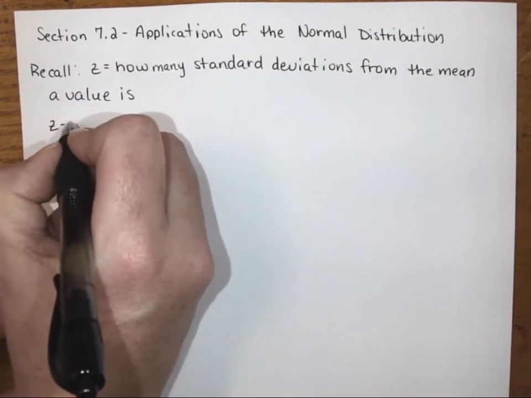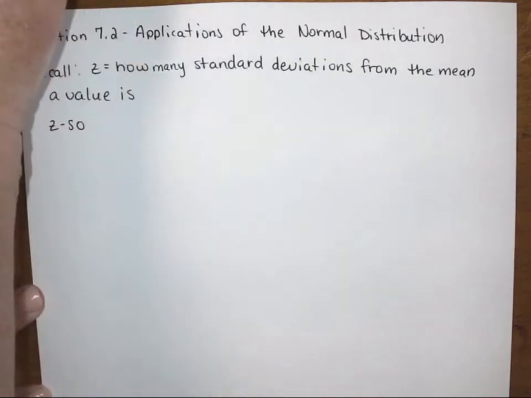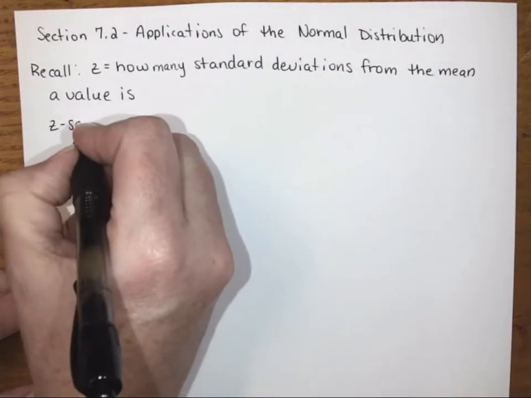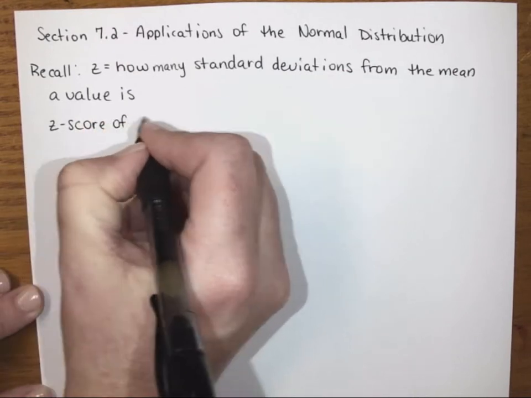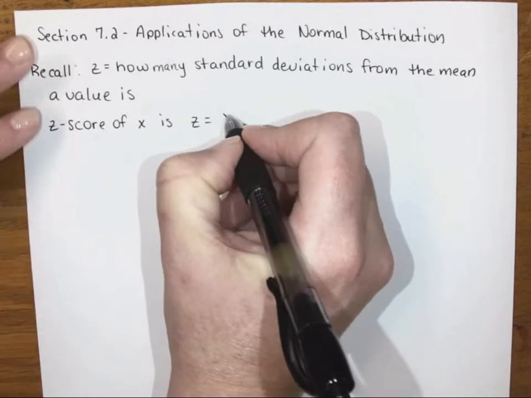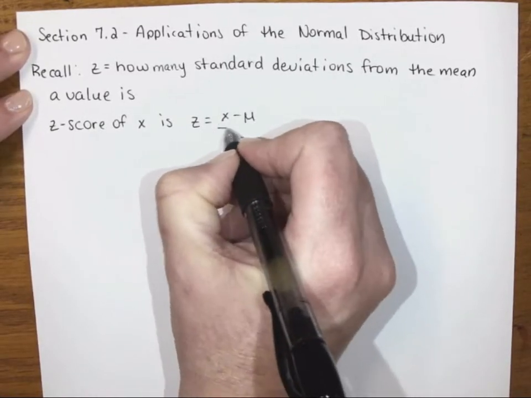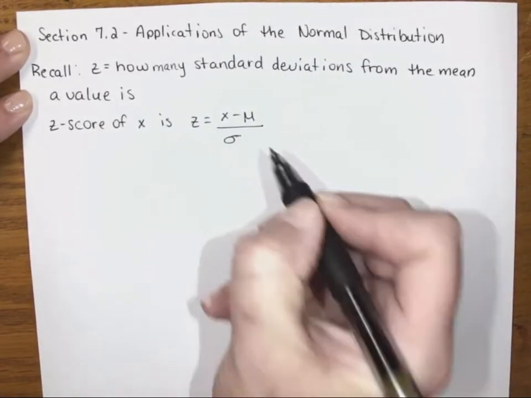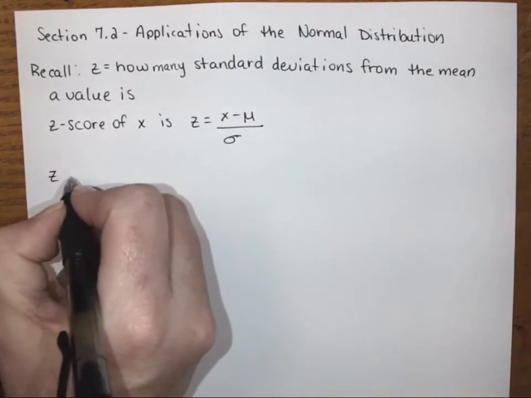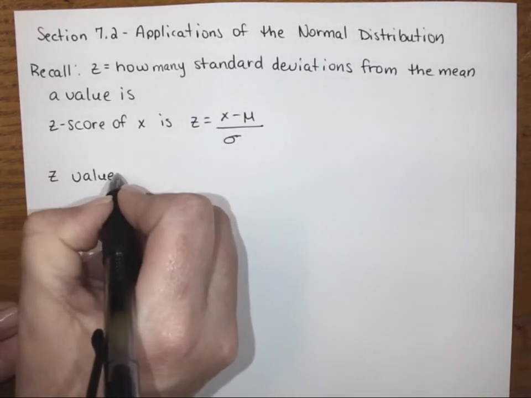And then recall that the formula for z-score, if we want to find the z-score of x or of a random variable, it's going to be value minus mu, the average, over sigma, the standard deviation. Okay, we've already said this last time, I think, but let's say it again.